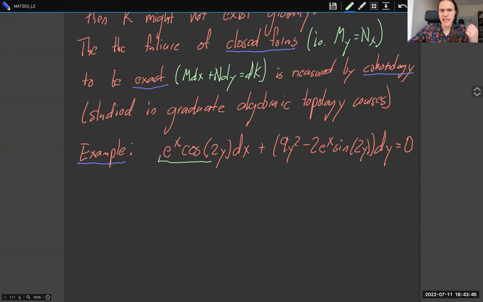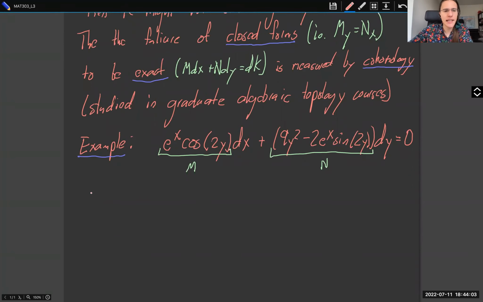Okay, so when you're writing your solution, I don't like M and N to be just conventions. You should actually label this as M, and you should label this as N. So I do want these labels to exist in your solution. Or you can write M is equal to this and N is equal to this if you're typesetting it on a computer. Okay, so if you have that, then let's consider M partial y, right? So M is the thing associated with x, so you take the y partial of it. You do the opposite, you flip them.